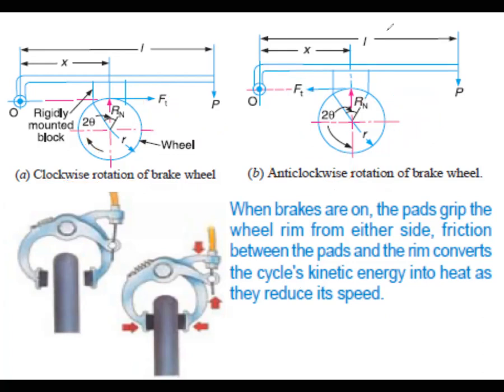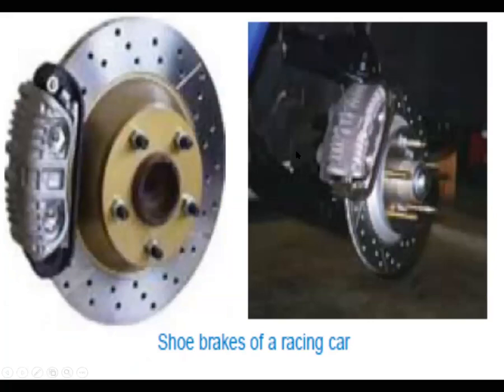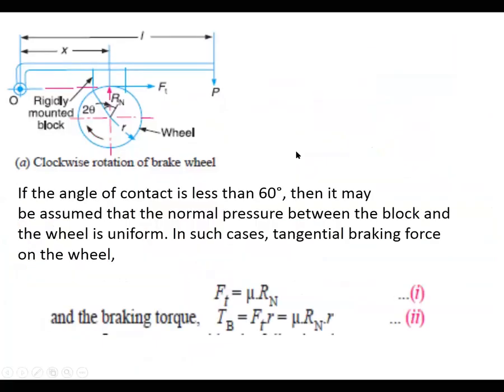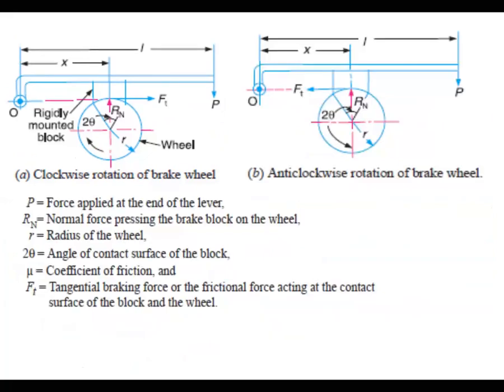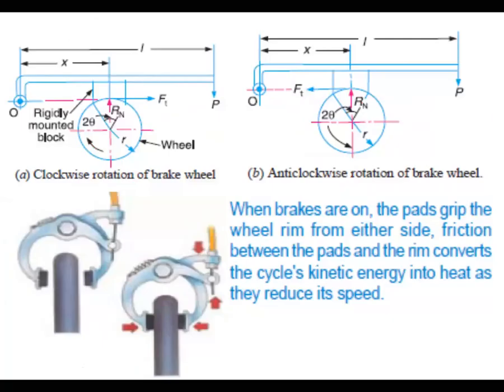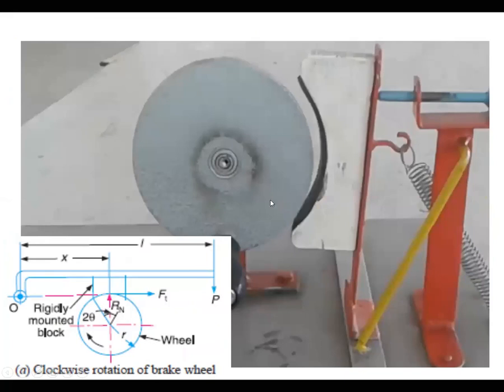Let me show you how to take this. This is one end and this is the other end. When you take these edges, at some point these two edges meet, and this is called 2 theta.